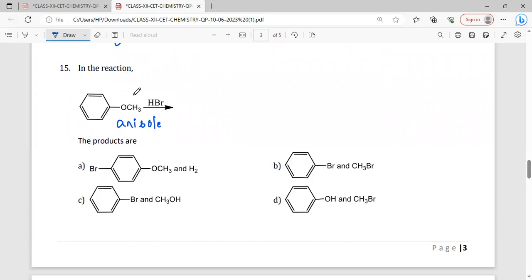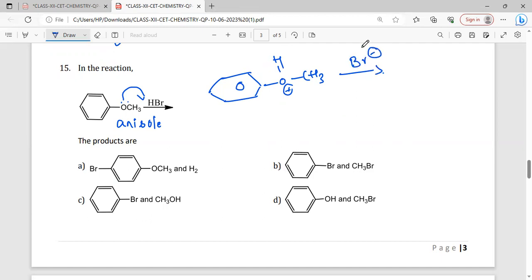The ether can attack this HBr and you can get a particular intermediate. Now, Br minus will be attacking. This is same as the previous one, right? You want to get an alcohol and alkyl bromide from an ether, right?